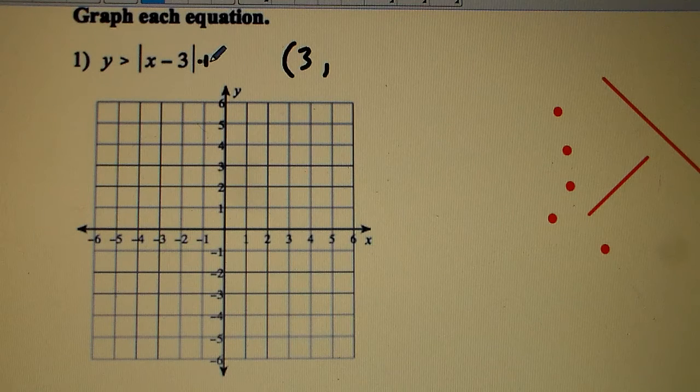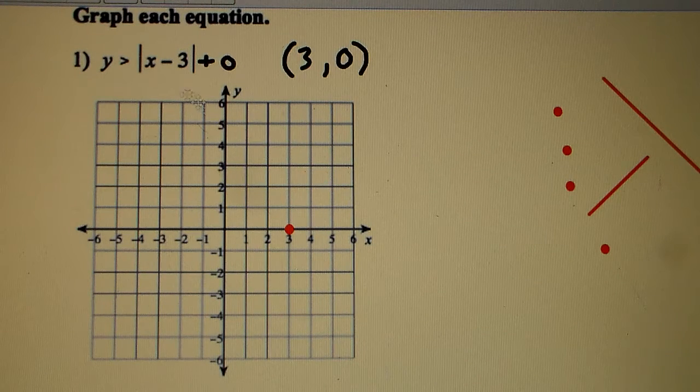And the number on the outside tells us the up and down part of our vertex. Since it's plus 0, our vertex then is 3 comma 0, just like what we did in the previous class with graphing absolute value equations. So 3, 0 right there is our starting point, our vertex.